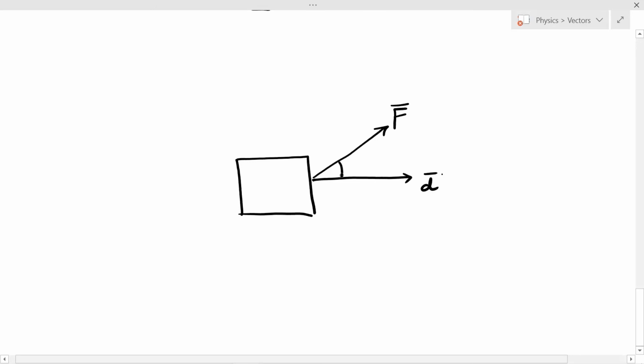Let's say the angle between F bar and d bar is theta, then work is defined as F bar dot d bar, so that is F into d cos theta. So this is one example where the dot product is used. Other examples are mostly in electromagnetism, where you dot the electric field or magnetic field with the area vector to determine the flux. But we will see these things in our upcoming sessions.